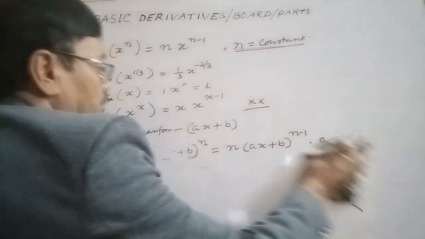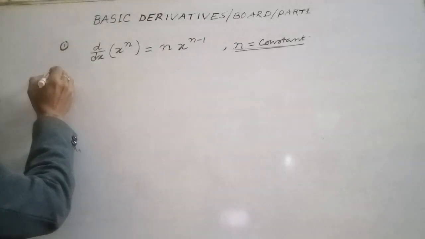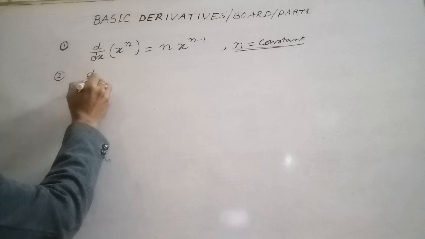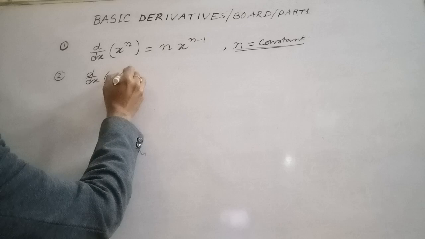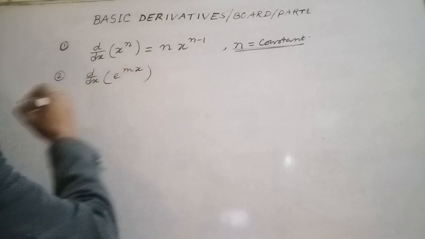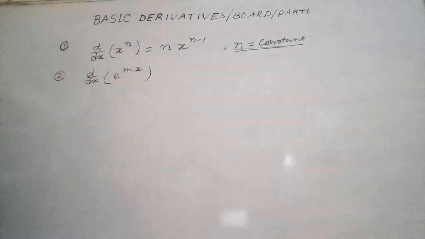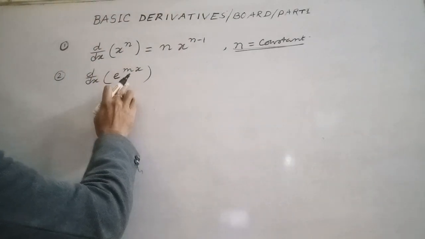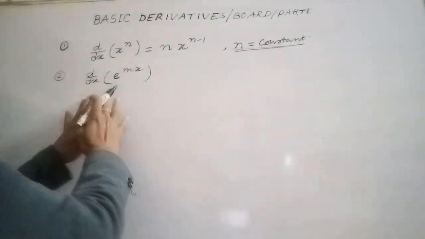Now, result 2. d dx of e to the power mx. Here e is the base of the logarithm; I have already discussed that it is an irrational number.